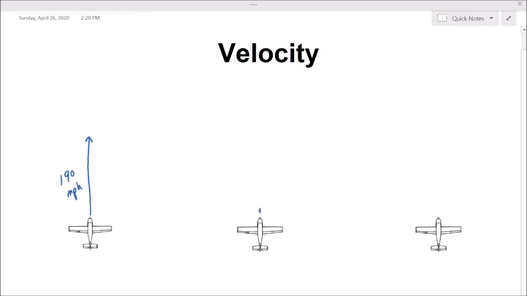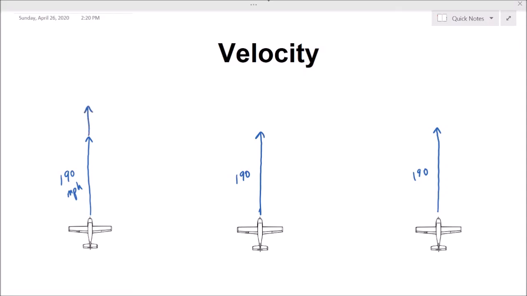Same in all three examples. But let's say in the first example, there's a wind that's blowing in the same direction as the plane's direction of travel. So then we might say, okay, the wind combines with the original velocity of the airplane, like so.